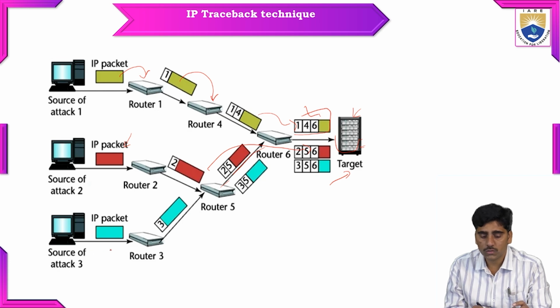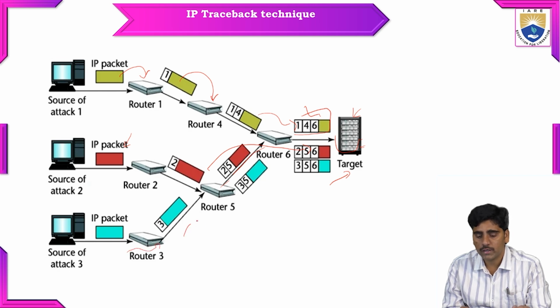And similarly, source of attack 3: the IP packet is identified at router 3, the next at router 5, and the next at router 6. So 3, 5, 6 is the attack path to the target system.